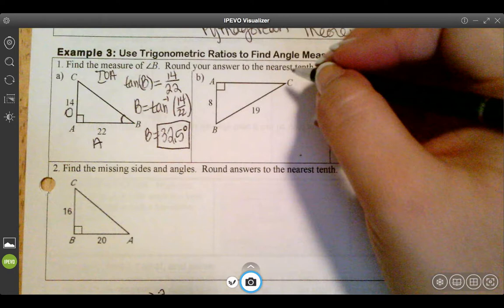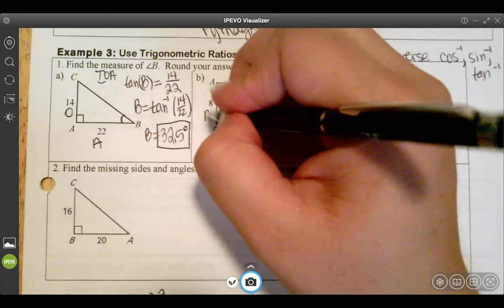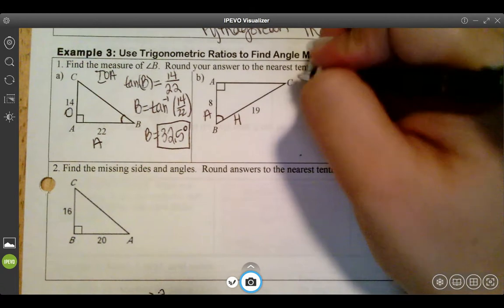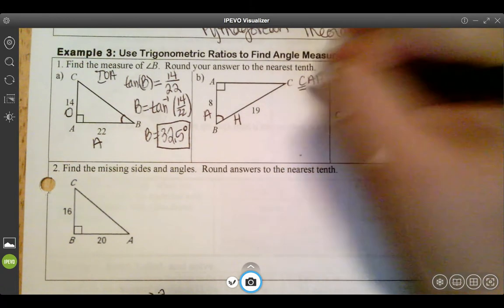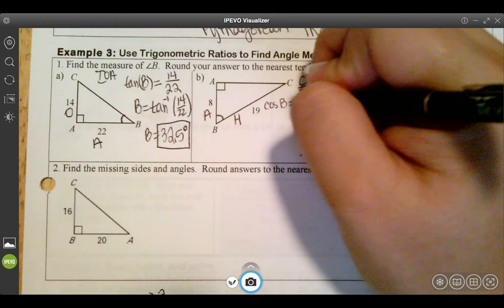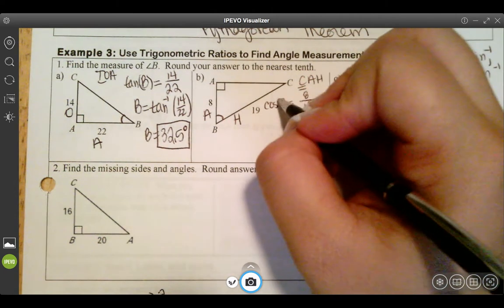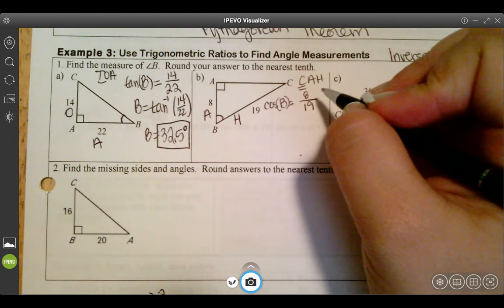Let's do another example. B is our reference angle. We're given the adjacent and hypotenuse, so that will be cosine. Cosine of B equals adjacent over hypotenuse. To get B out of cosine, we need to cosine inverse it.